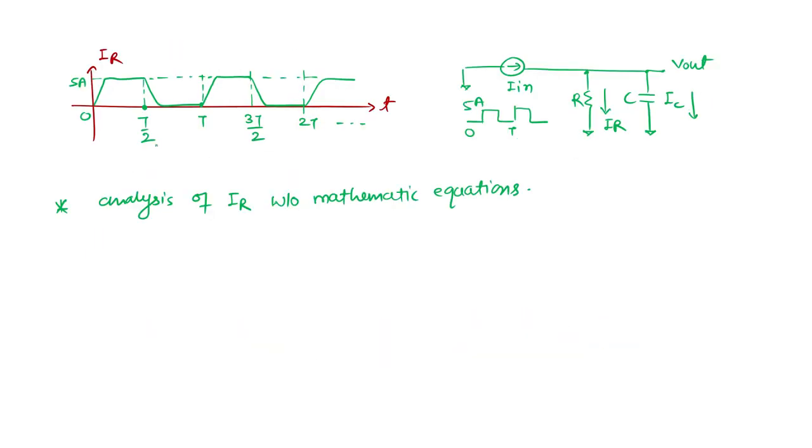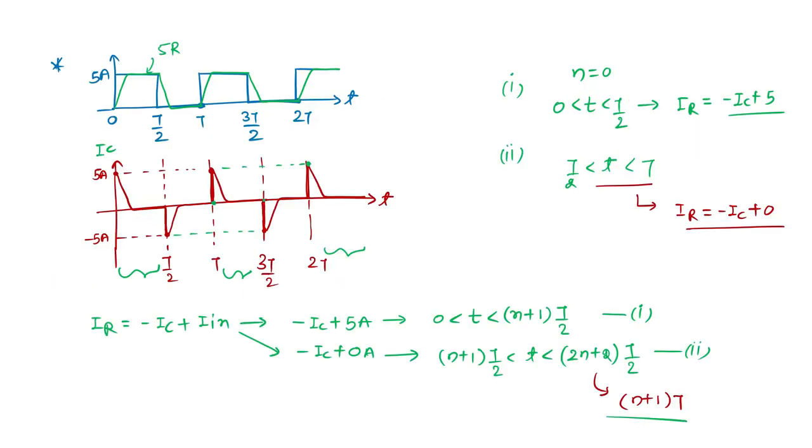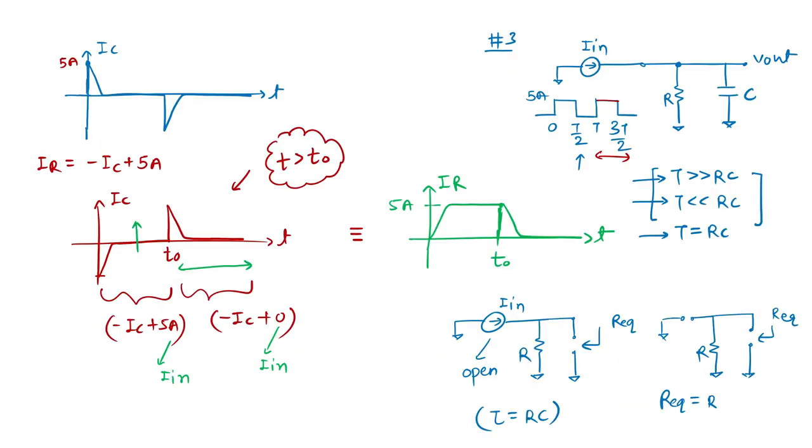And one more thing, you have to analyze for t much less than RC. Also, you have to analyze for t equal to RC. These are all part of homework. So I think this is enough for the discussion with the current source.